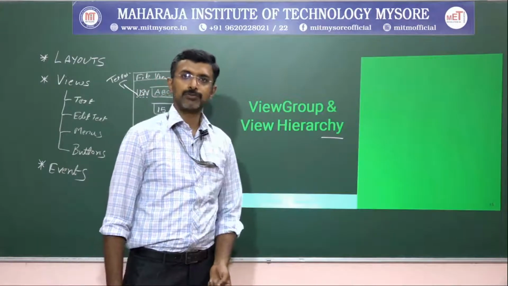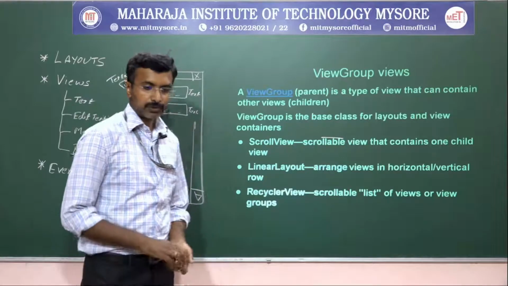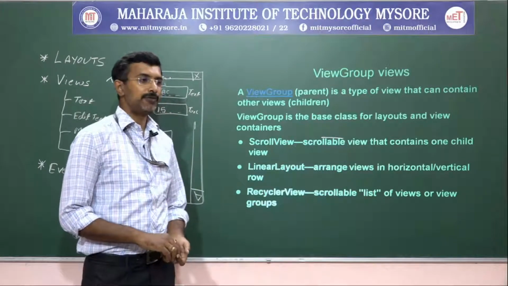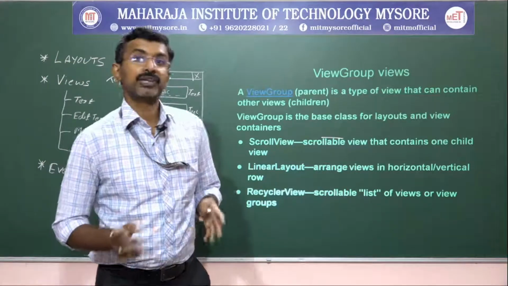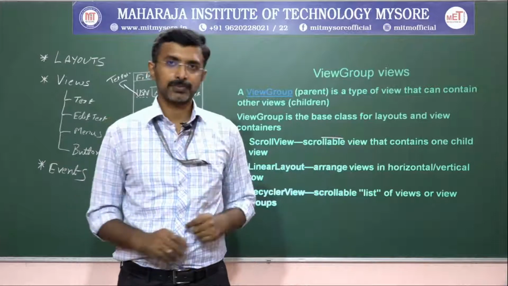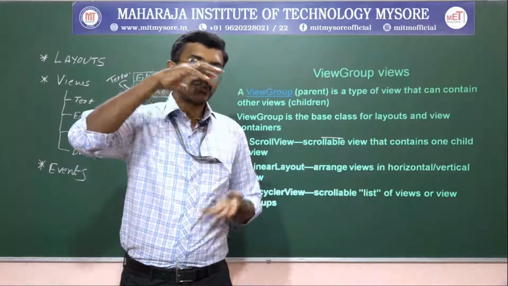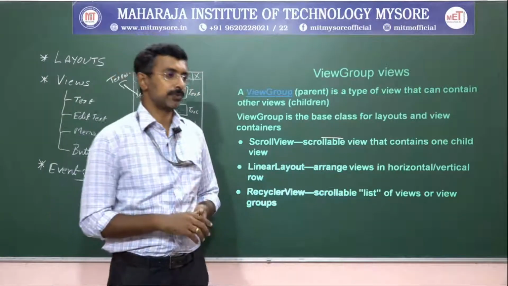So now let's move on to the view group and the view hierarchy. A view group is a type of view that can contain other views. So a group of views we call a view group. It contains a collection of views.